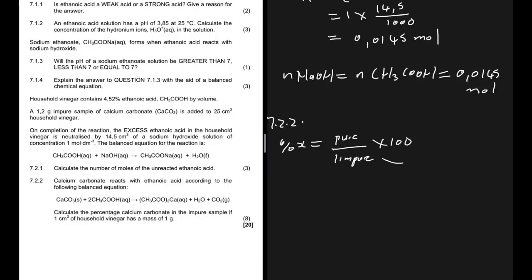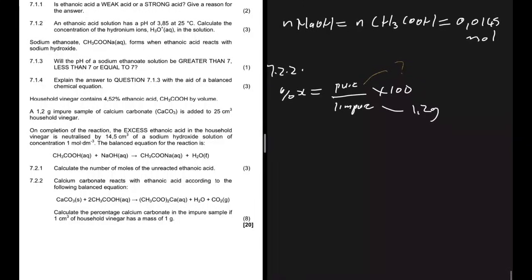We have the impure, it's 1.2 gram is given to us, and now what we need to determine is the pure, right? But then how would we go ahead and do that? We need to find the number of moles of ethanoic acid that reacted, and by using that we can then relate the number of moles using the balancing coefficients, and consequently find the mass of the calcium carbonate.